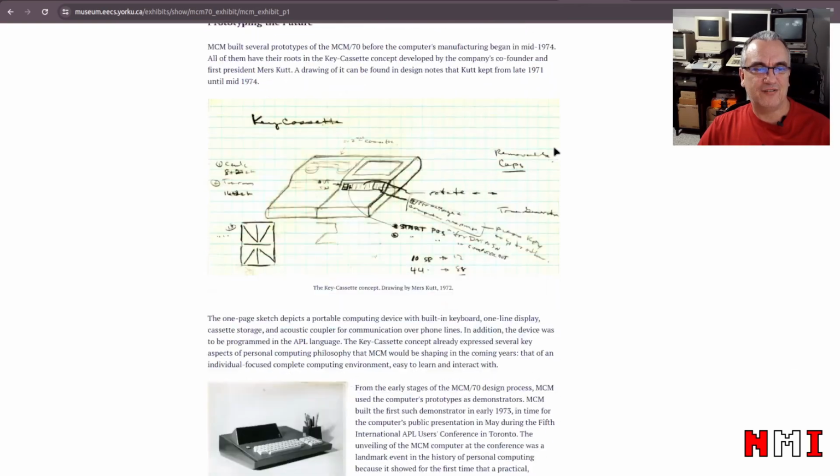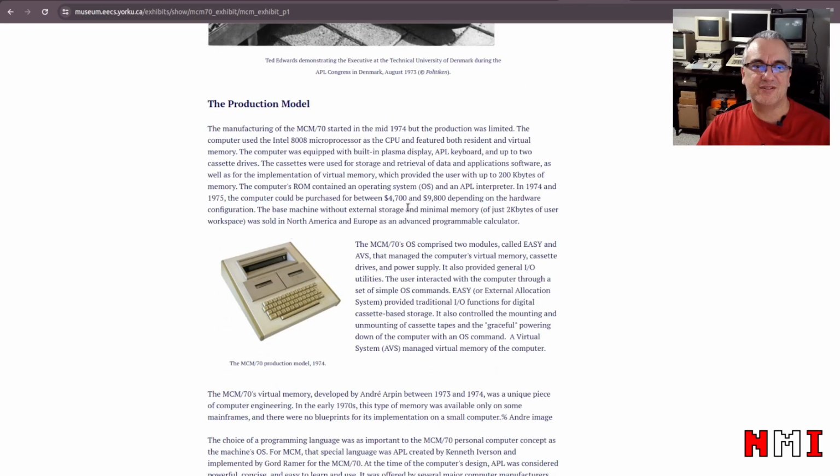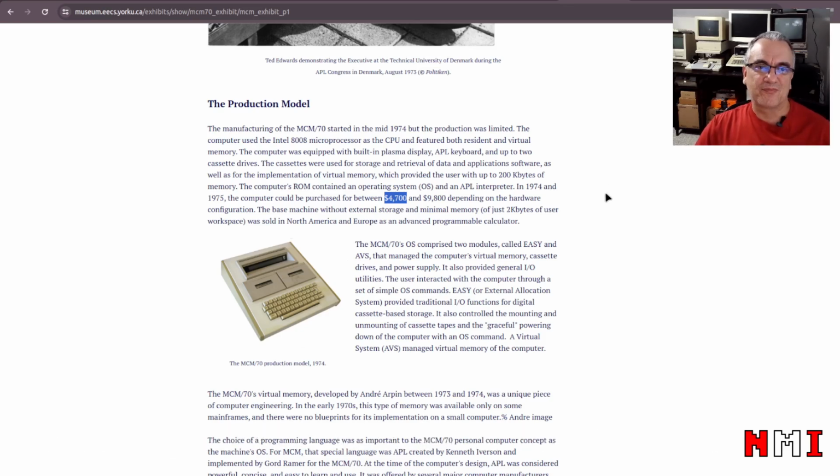One thing that I find very interesting is that the price of this machine, the MCM 70, in 74, 75, was between $4,700 and $9,800, right? But that is 1974 Canadian dollars. So that is a lot of money even today.